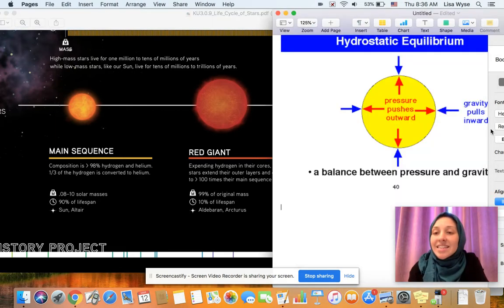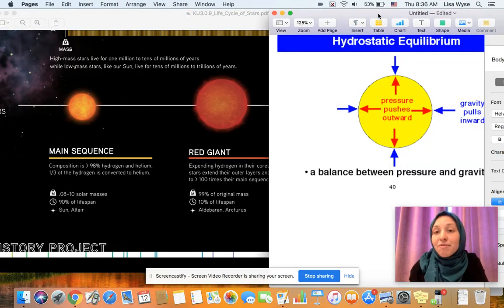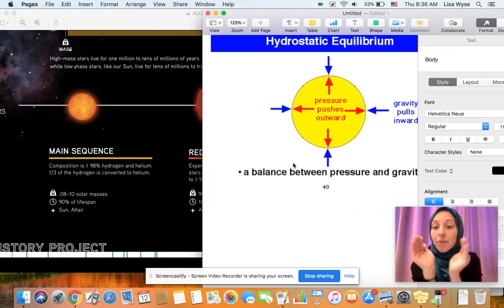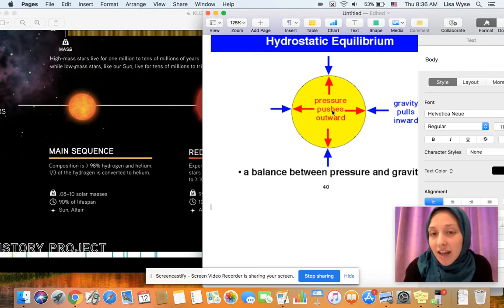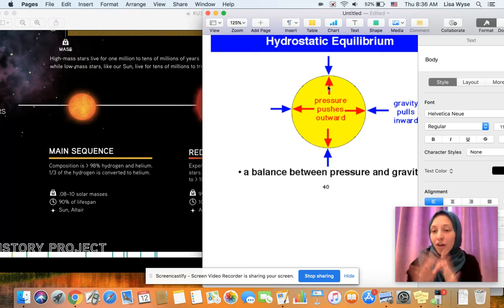Now, inside of our star, there are some forces that are acting on it, keeping it steady. Okay? You have nuclear fusion happening in the middle, pushing outwards. And you would think if you have all this force pushing outwards, maybe our sun would get bigger and bigger and bigger. But it doesn't.